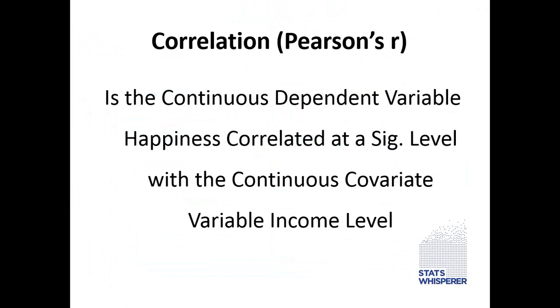Correlate means as one goes up, the other either goes up, which is a positive correlation, or as one goes up, the other goes down, which is a negative correlation. Or third, there could be no correlation at all. So what we want to know is when income goes up, does happiness either go up significantly or go down significantly, or is there no association at all? That's what this test is going to tell us.